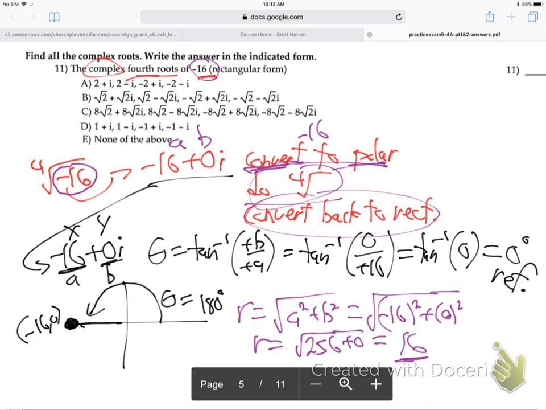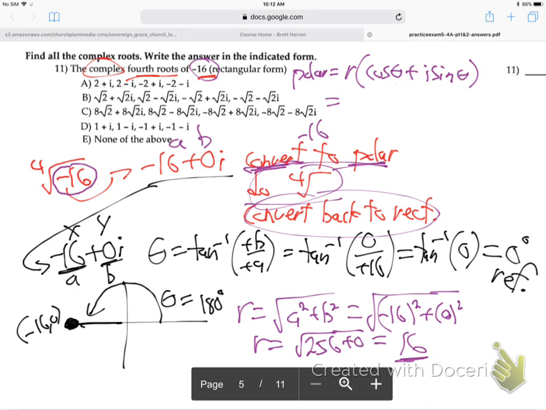So there's my r. There's my theta. I've got a polar number now. So the polar form, remember, is always r cos theta plus i sine theta, right?